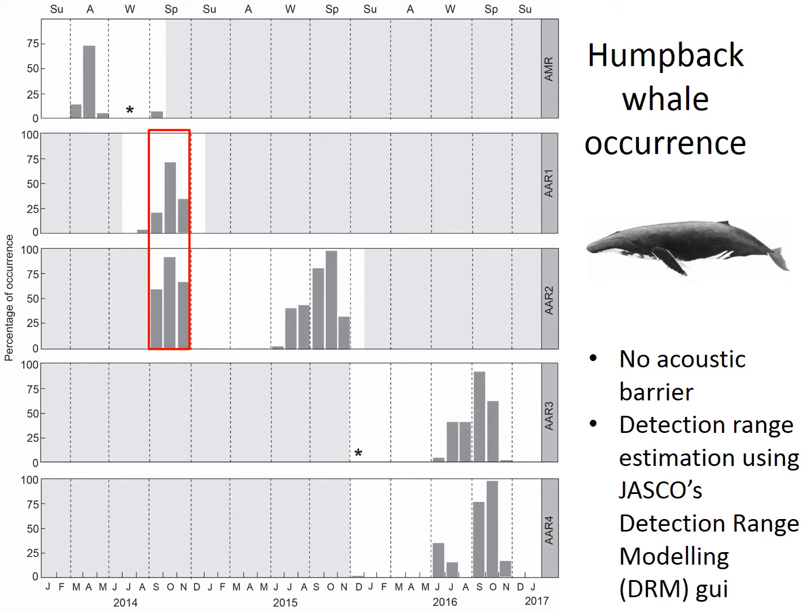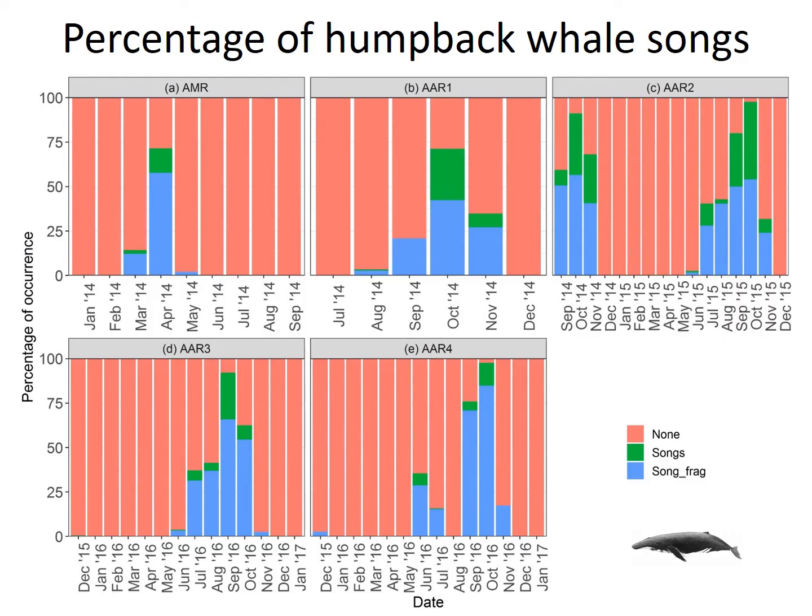So future work will involve detection of the song ranges, and hopefully we will be able to determine what environmental condition predicts their occurrence. And for song type percentage use, it seems like over time they're using a lot of song fragments compared to the full songs.